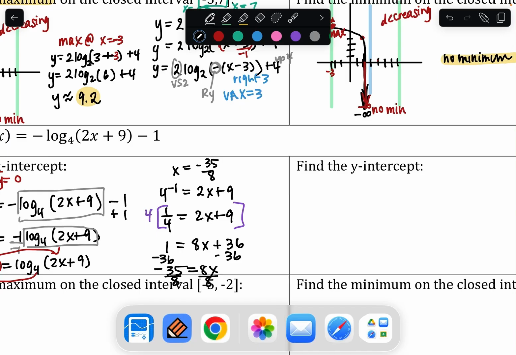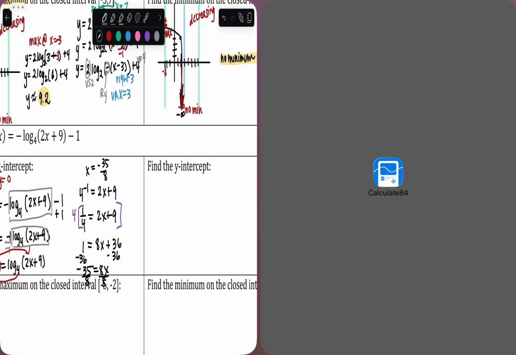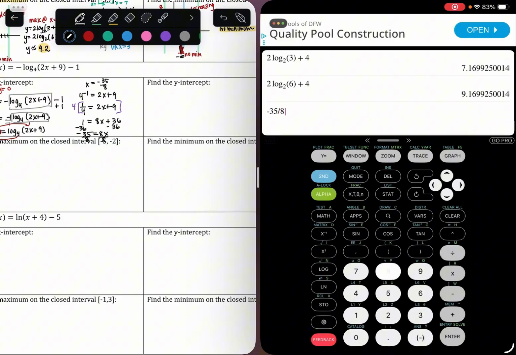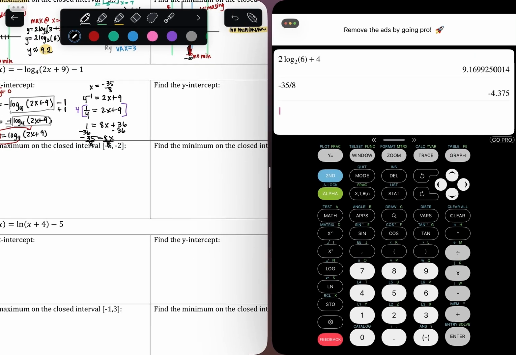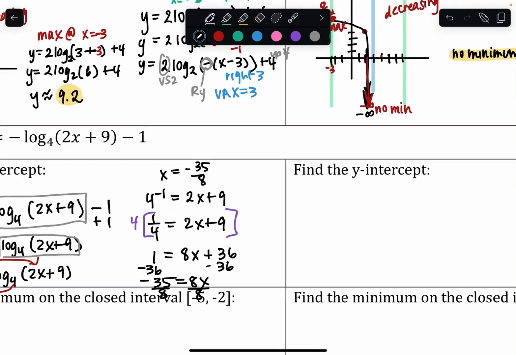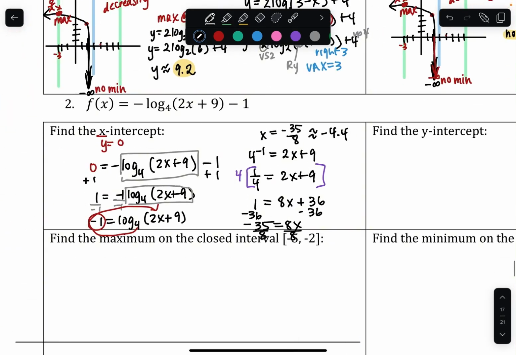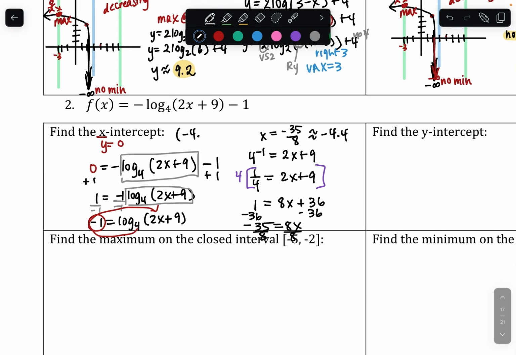And then we can use our calculator to get the decimal approximation. Negative 35 divided by 8 is going to be negative 4.4 as we round to the nearest tenth. And so negative 4.4 comma 0.